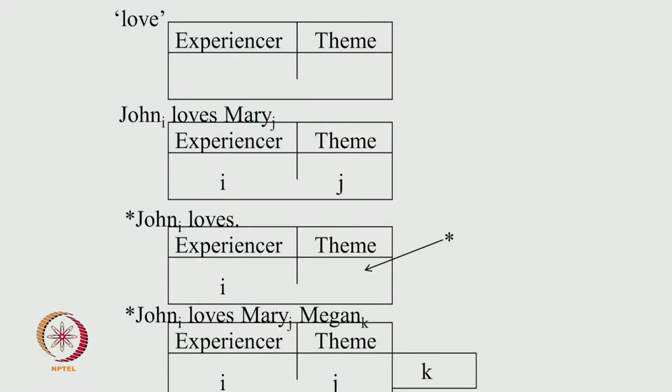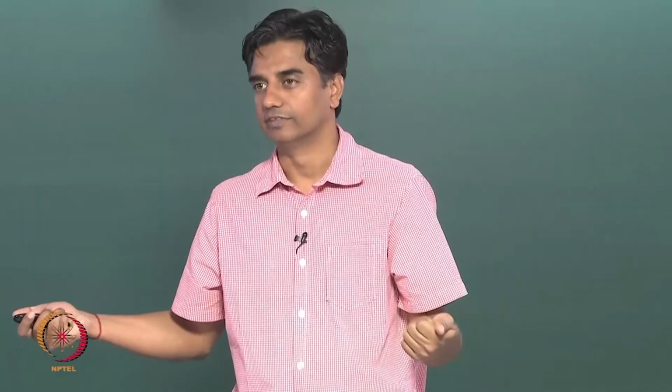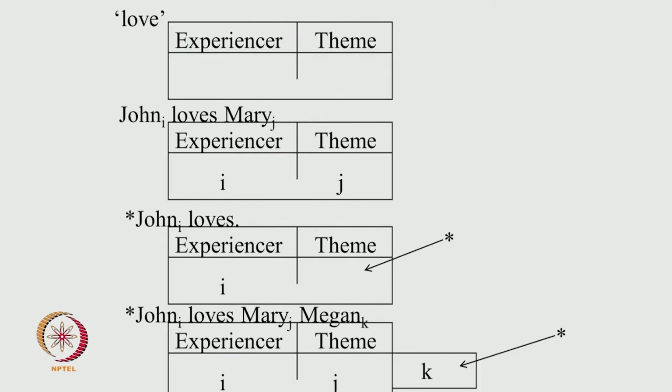If we are saying John loves Mary Megan, the problem here is Megan becomes an additional argument for which there is no place in the thematic grid of the verb love. Therefore, the sentence is ungrammatical.